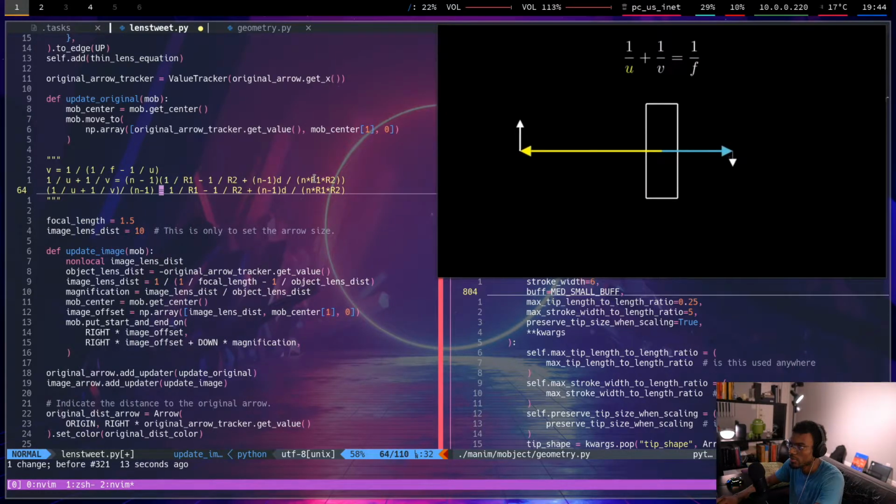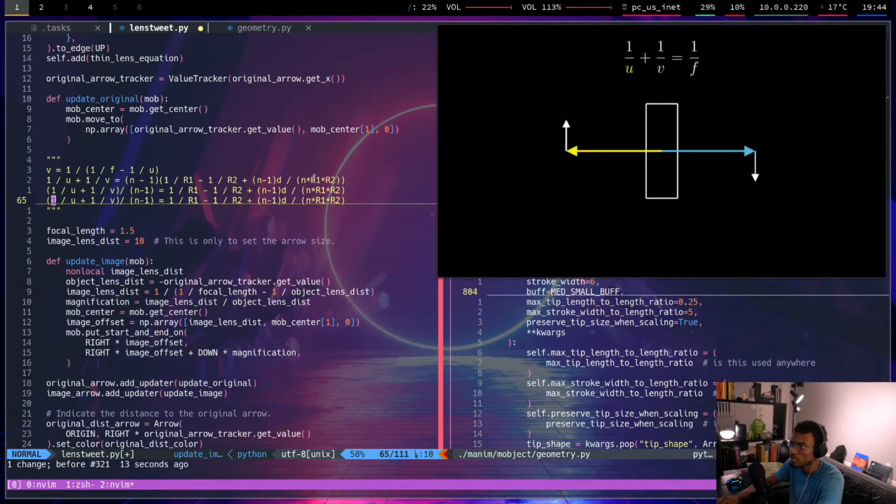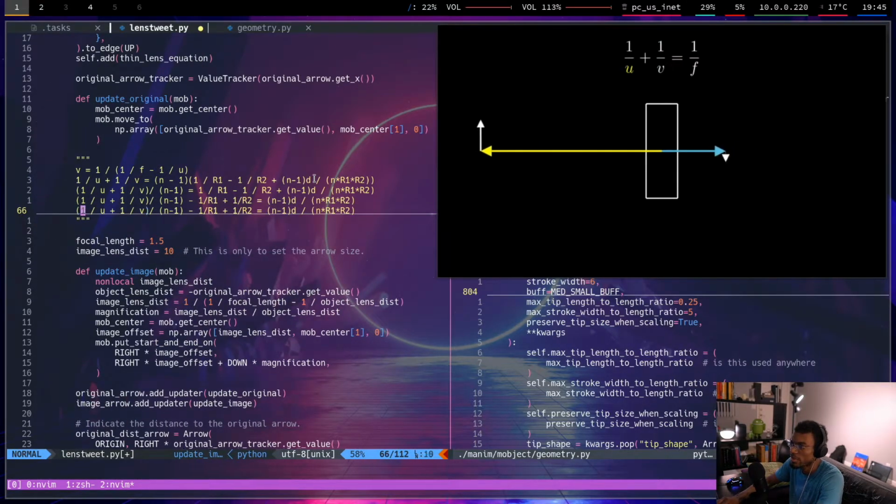Wait, I should do that on a different line. Minus 1 over R1 plus 1 over R2 is this. Divide by n minus 1 again.